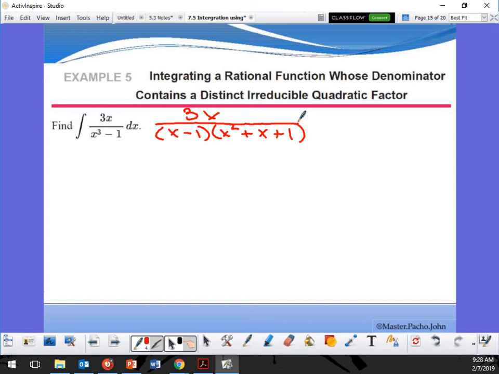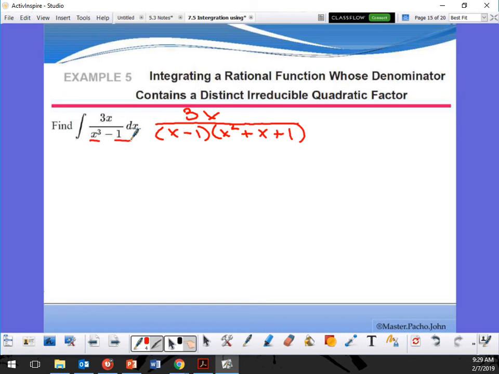Can't you guys factor trinomials in your head? Actually, this is a quadrinomial, isn't it? It's a difference of cubes. I already know what it comes out to be, because it always factors like that. So this is a perfect cube, so it's going to be a minus here, plus over here.